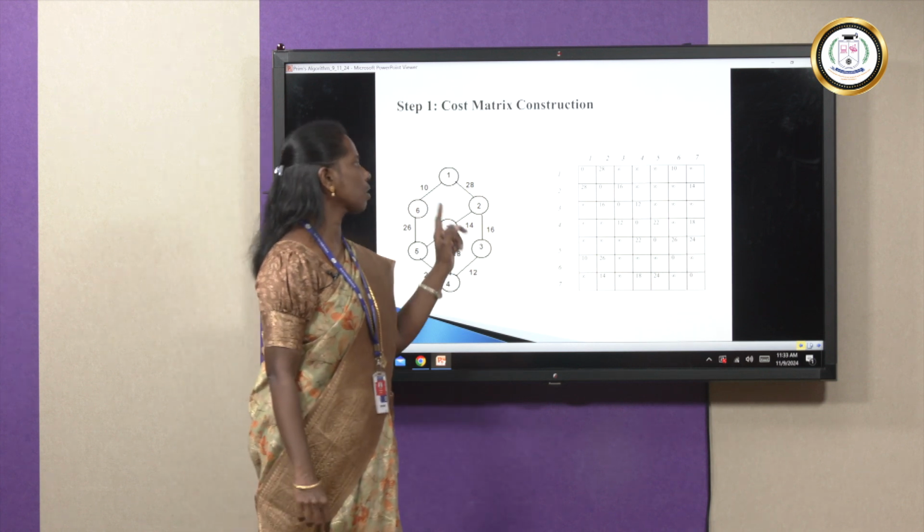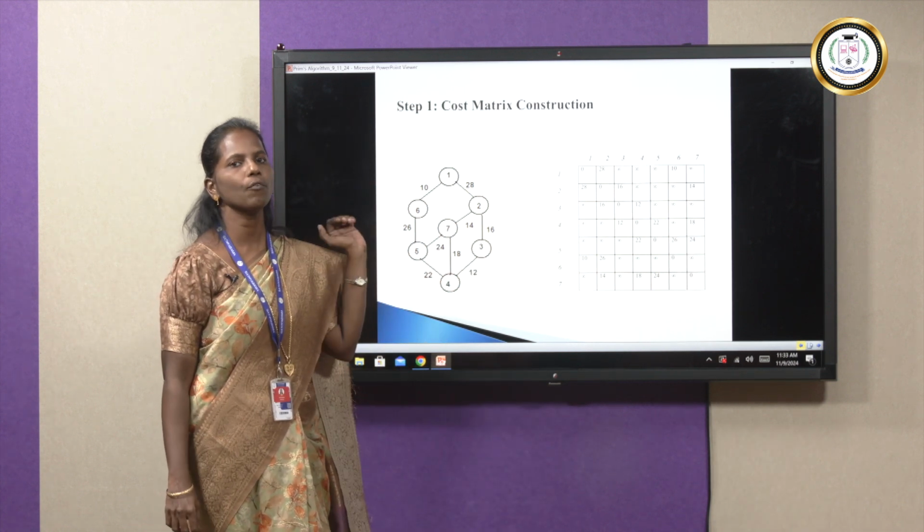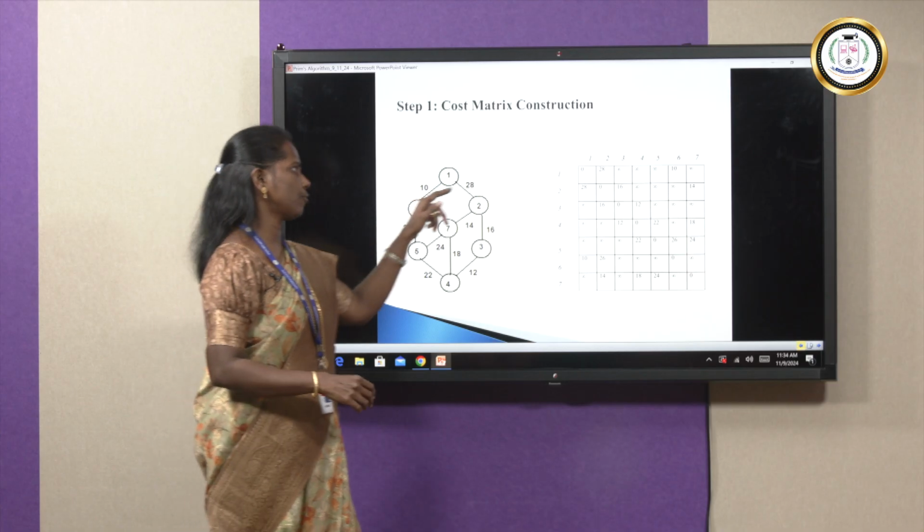Since 7 rows and 7 columns are there, we have to fill the entries. So, how can we fill the entries? See here, the diagonal values are 0 because the distance or cost from 1 to 1 will be 0. The cost to travel from 2 to 2 will be 0, or from 3 to 3 is 0. So, fill the diagonal values with 0. Now, take the first node.